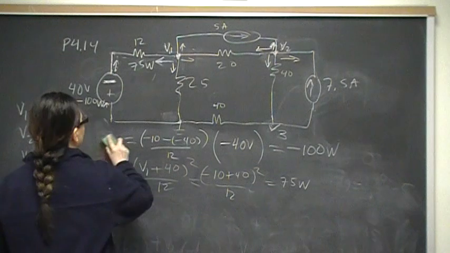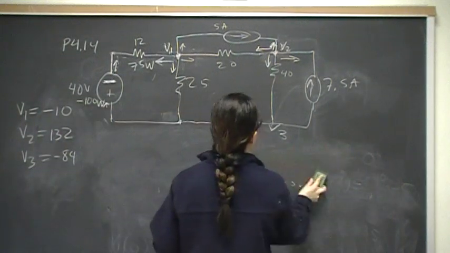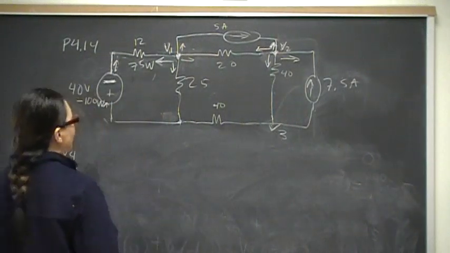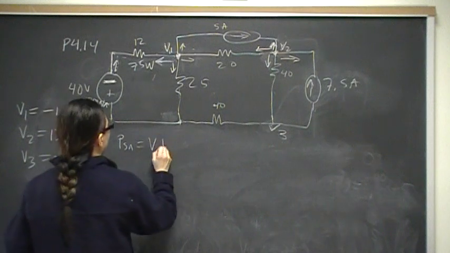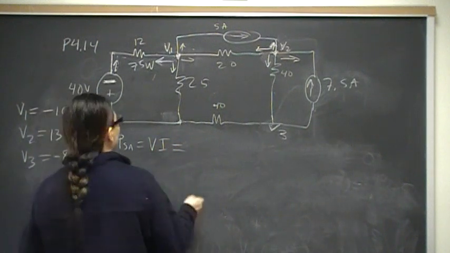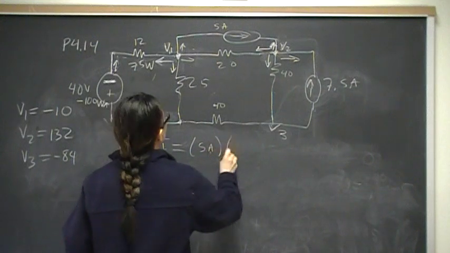So now let's do the calculation for the 5 amps. So P sub 5 amp is going to be VI, right? And we know what I is. I is 5 amps. So what is V?